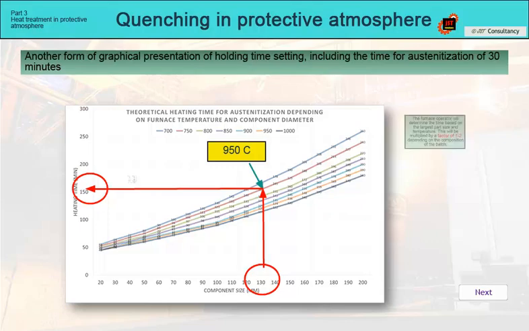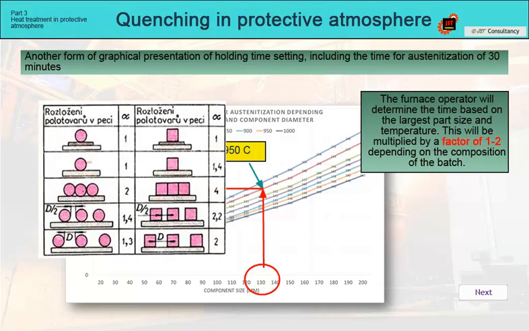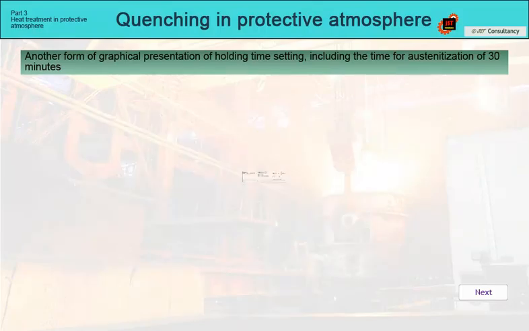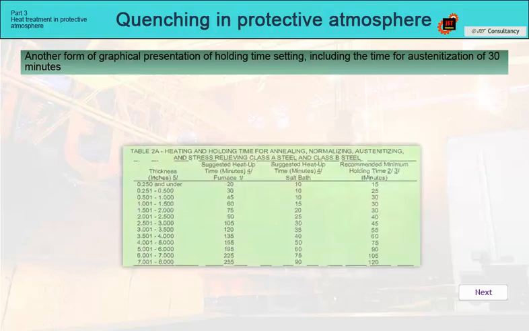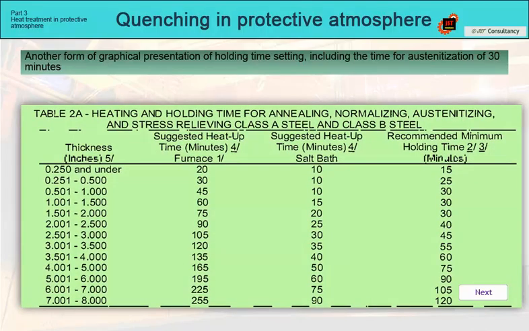This time is multiplied by a coefficient of batch density and part geometry, usually in the range of 1 to 2. Another way of prescribing soaking time is in the AMS H 6875 standard for the aerospace industry. This standard specifies a minimum holding time setting according to a table, depending on the size of the parts.